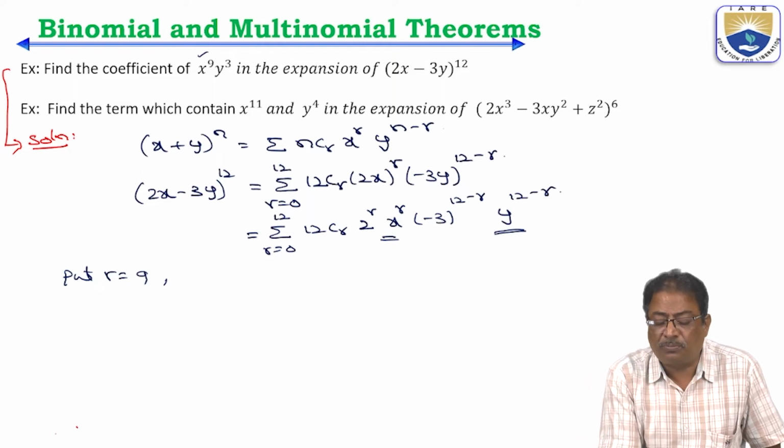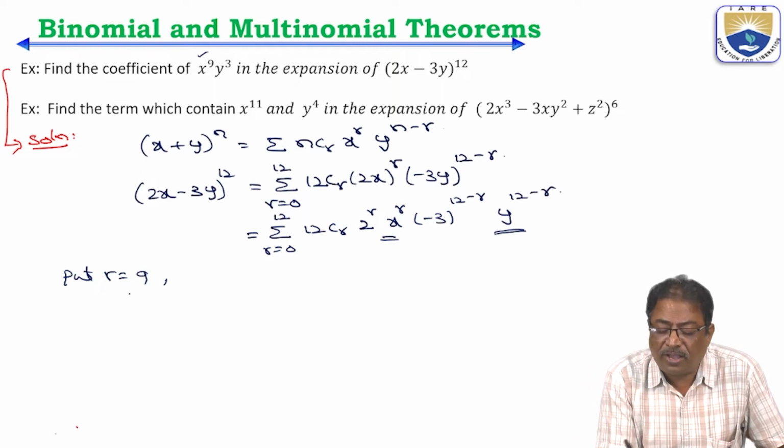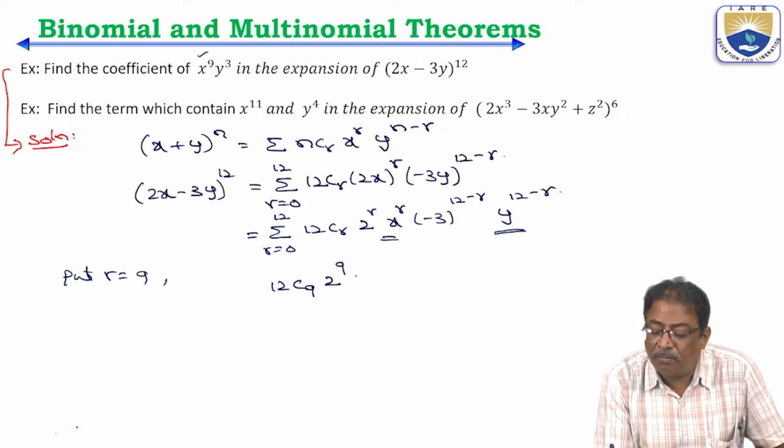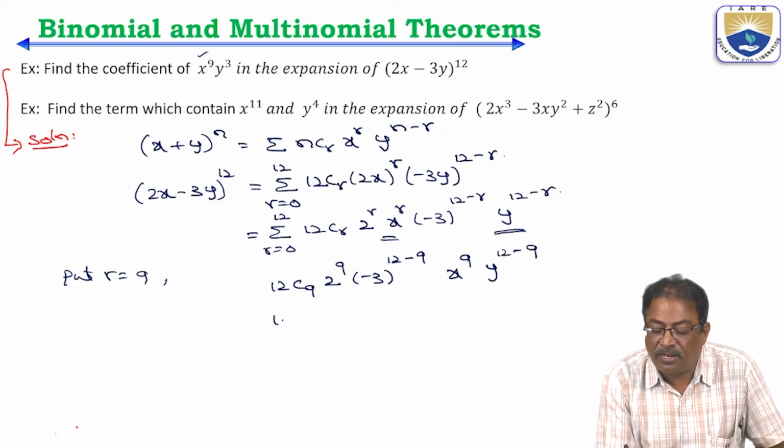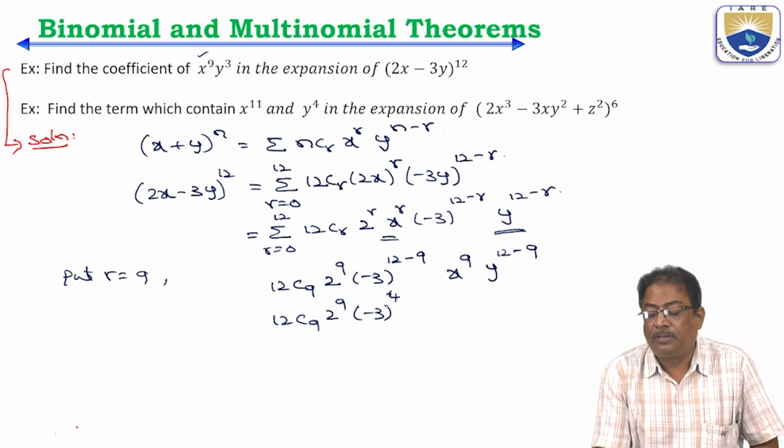So with r equals 9, this is 12C9, 2 to the power of 9, and minus 3 to the power of 12 minus 9, x to the power of 9, y to the power of 12 minus 9.